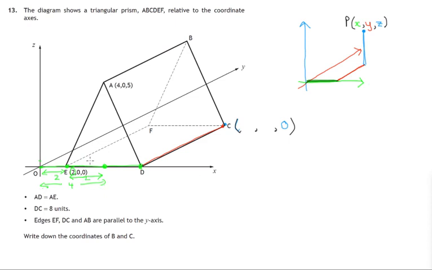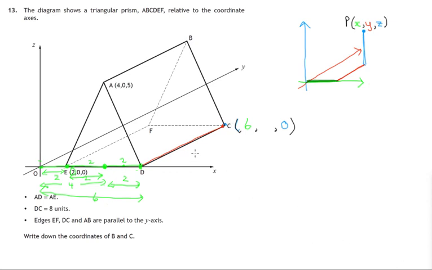So this is 2, and by symmetry, since this point's the midpoint of ED, it's an isosceles triangle, this will also be 2. So we've basically travelled 6 units in total from the origin along to the point D. So that will be our x-coordinate of the point C.